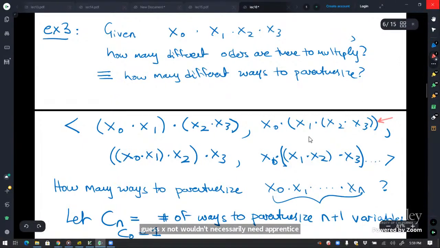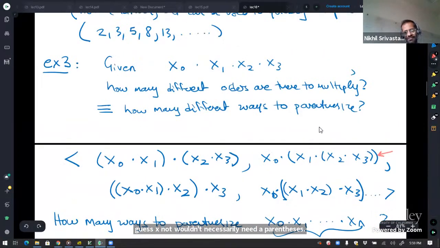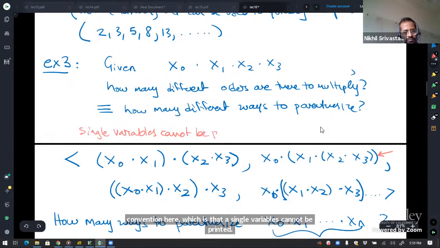That's actually seen as the same as saying x0 times, in parentheses, x1, times x3. Yeah, I see your point. So we have to add a convention here, which is that single variables cannot be parenthesized. So it's a good point.